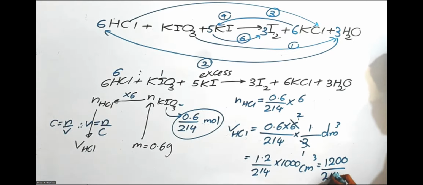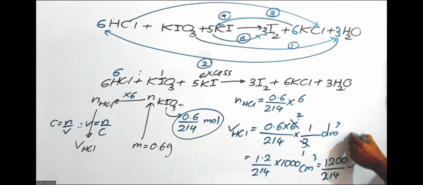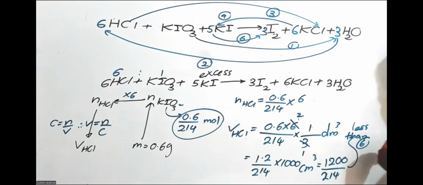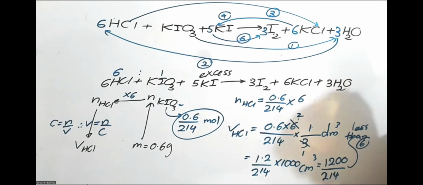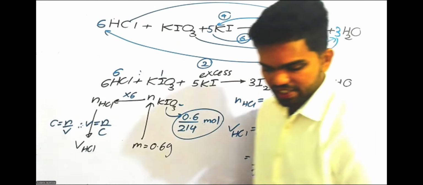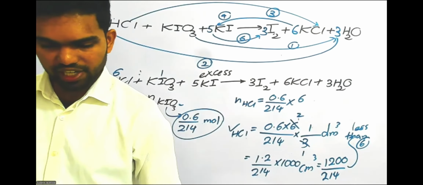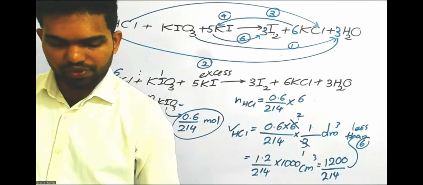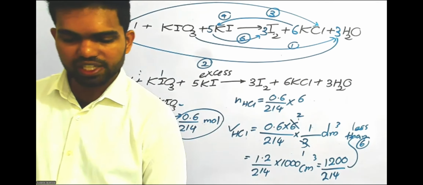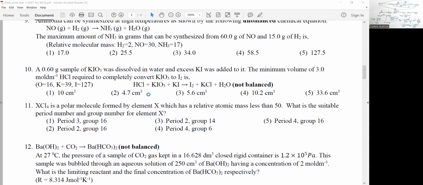If you divide by 200, it will be somewhere around 6, so it is less than 6, somewhere in between 6 and 5. So there is only one answer, 6 and 5: answer 3. That's why I'm asking you not to simplify in the middle for the MCQ. Sometimes it is easier this way.